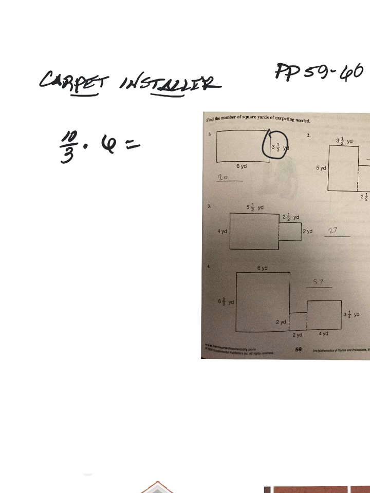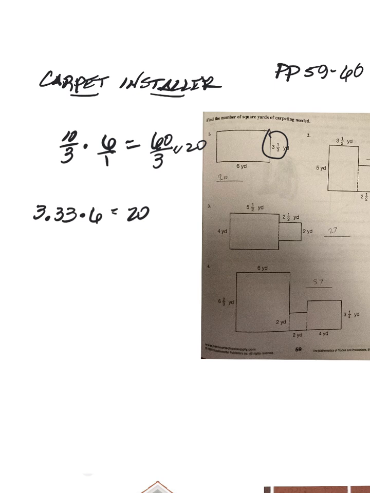And then that's 6 over 1, so we've got 60 over 3, which is equal to 20. Some students will change that 3 1/3 to a decimal, then multiply it by 6 and get their 20. Either way is fine, it doesn't really matter. You've got to convert it one way or the other.